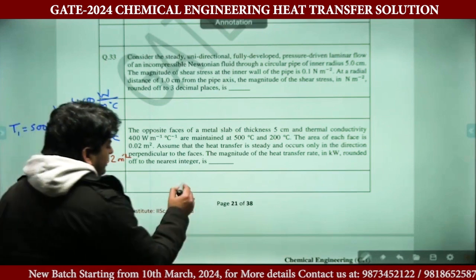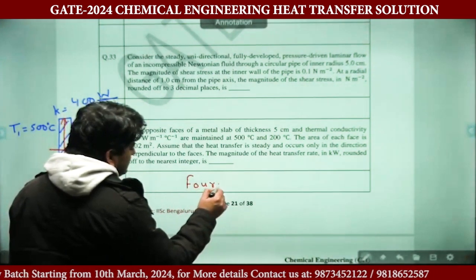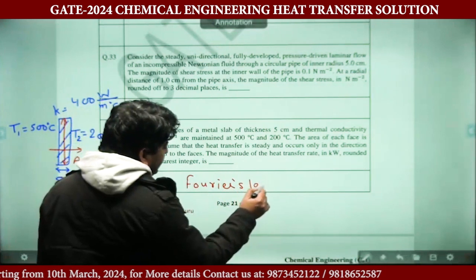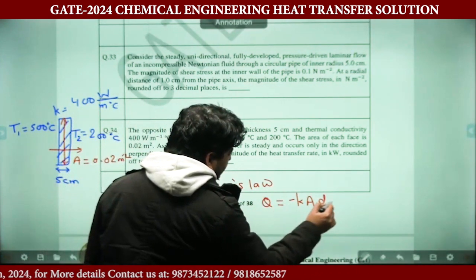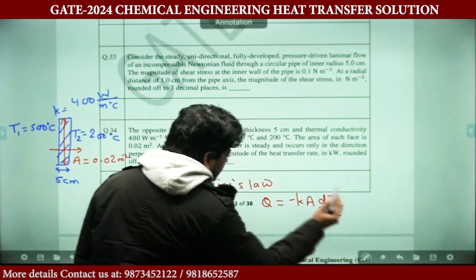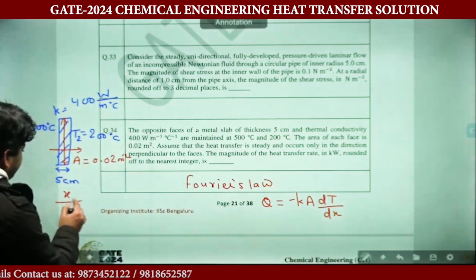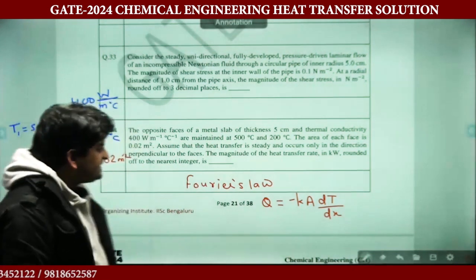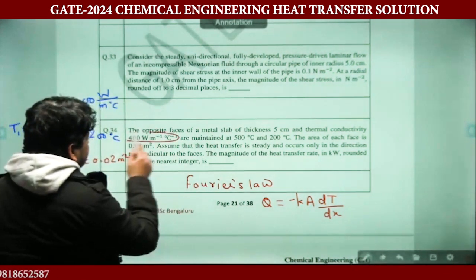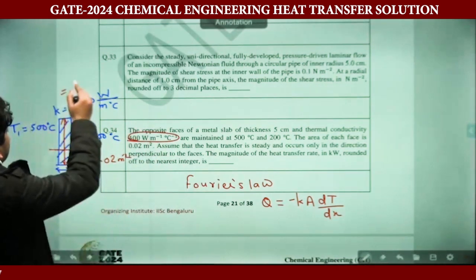So from Fourier's law of heat conduction, we know that Q can be written as minus k A dT by dx if we consider this direction to be our x direction. And here you can see the thermal conductivity of the slab is given as 400, which is constant.